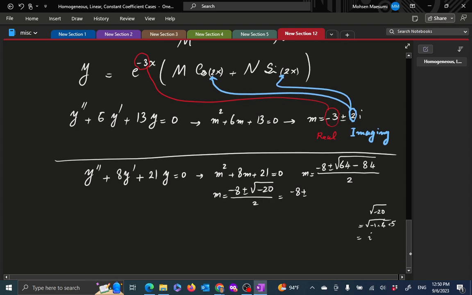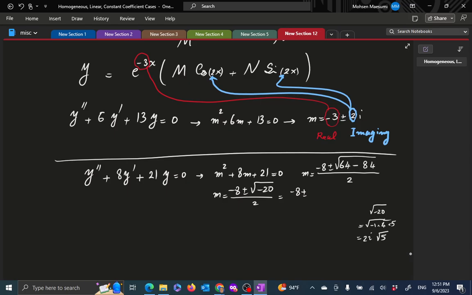Minus 1 is i, 4 is 2, and radical 5. So plus or minus 2i radical 5 over 2. We always remember to factor first. So 2 times minus 4 plus or minus i radical 5. And then divide, otherwise you are going to forget to divide this one as well.